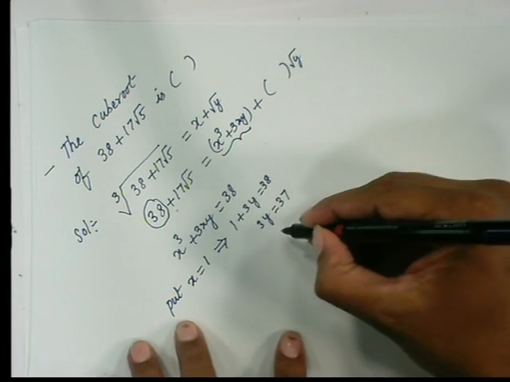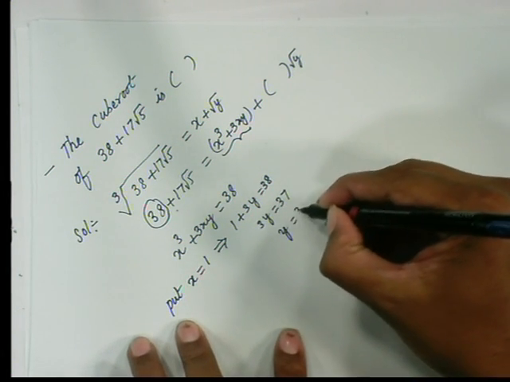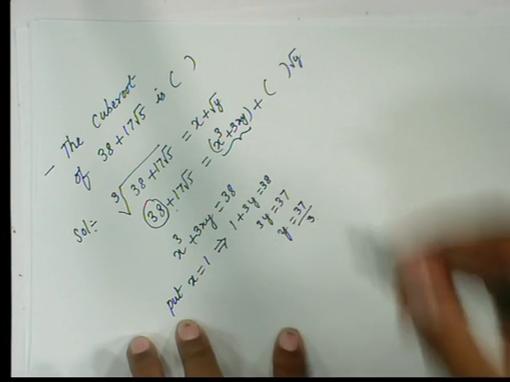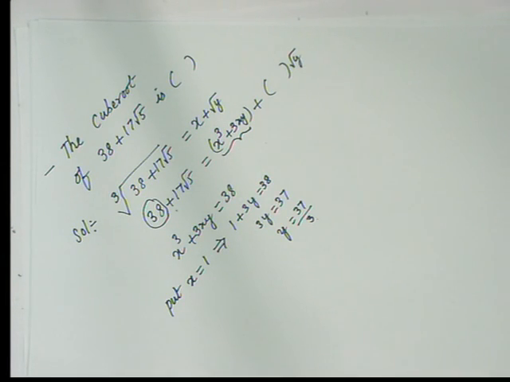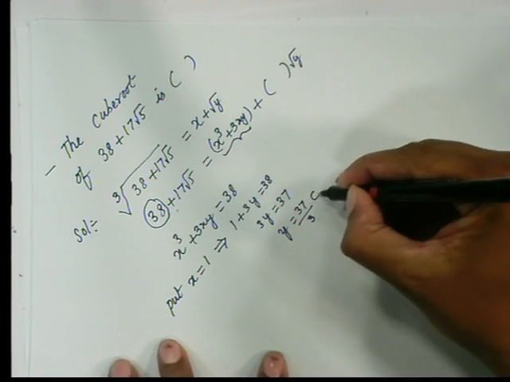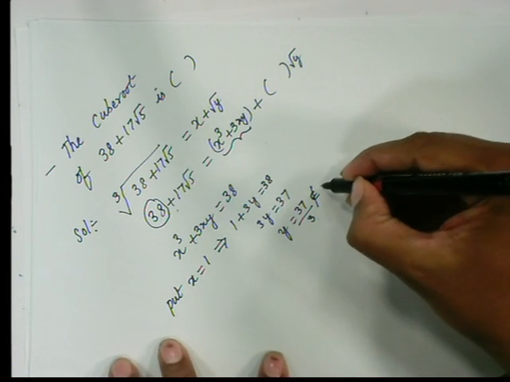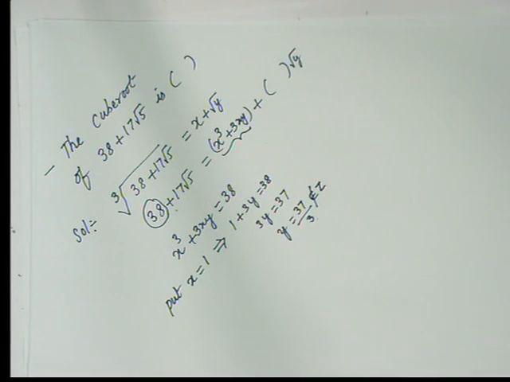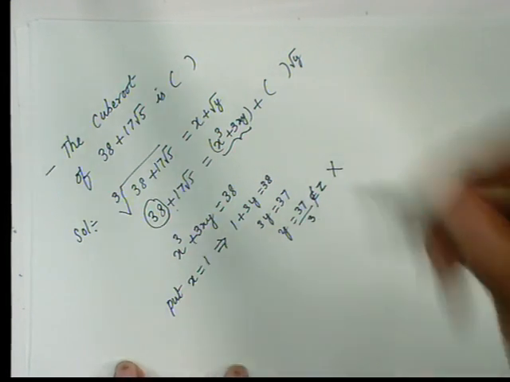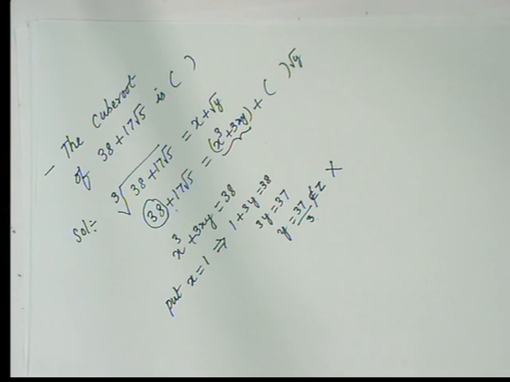So it cannot be divisible. 37 by 3 is not an integer. So now x is equal to 1 is wrong. Then what shall we do? We have to go for another trial and error. That's the only choice.